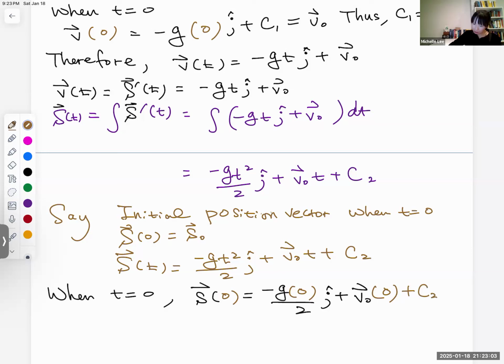Plus c sub 2. And then we say that s of 0 equal to s naught, right? Yeah. Then every term is 0. So c sub 2 equal to s naught, right? Same as earlier.